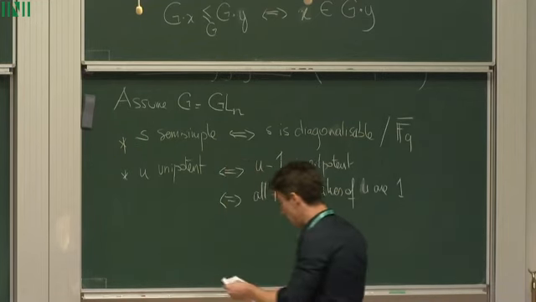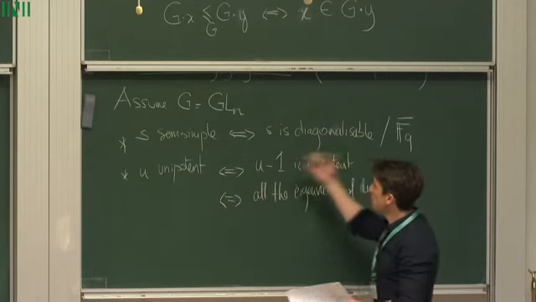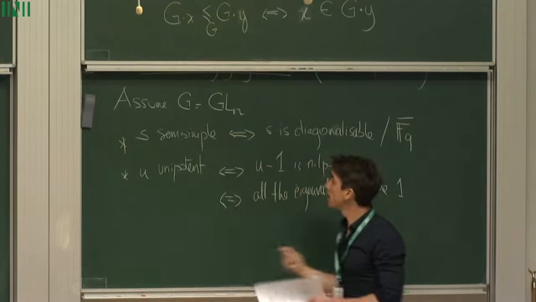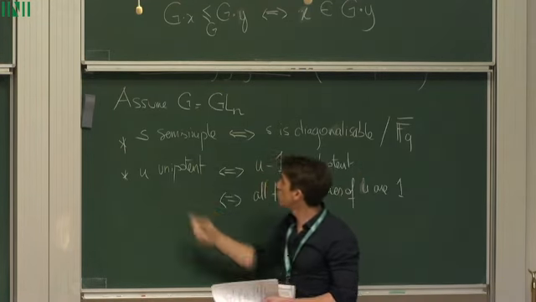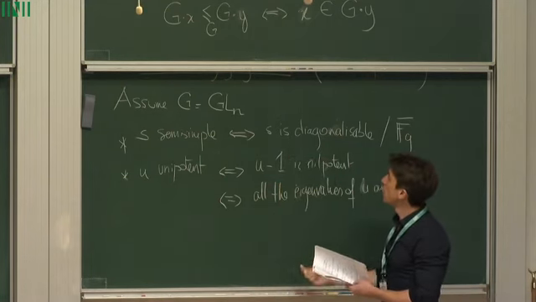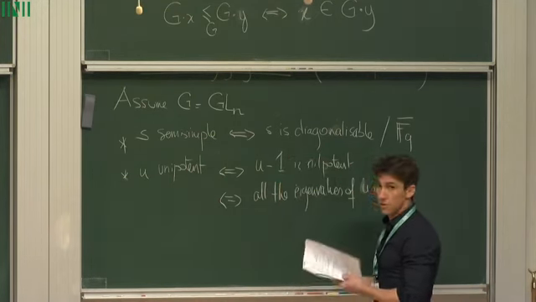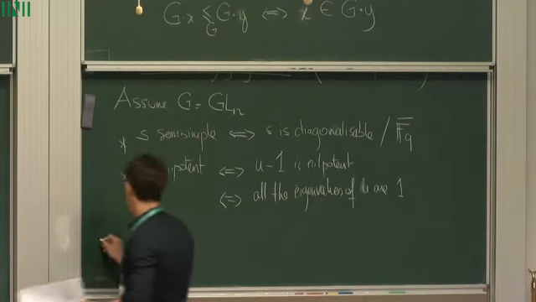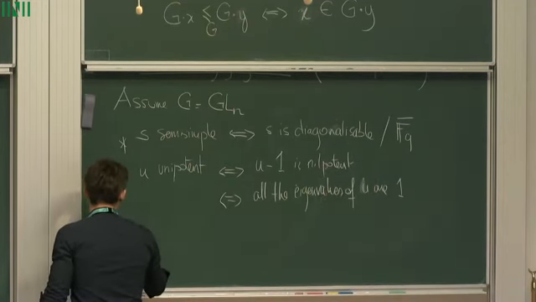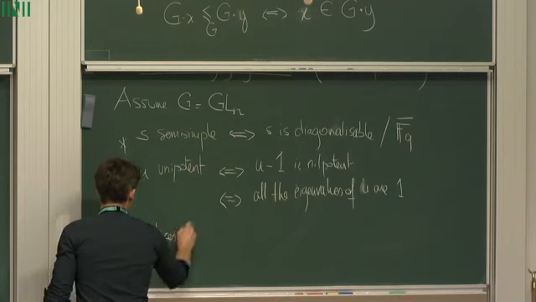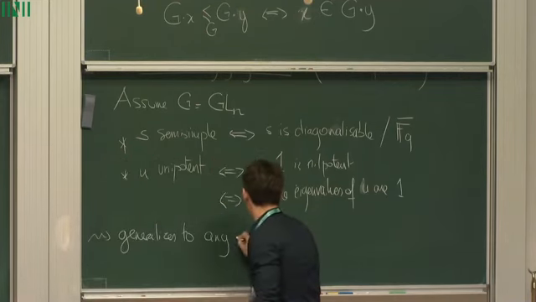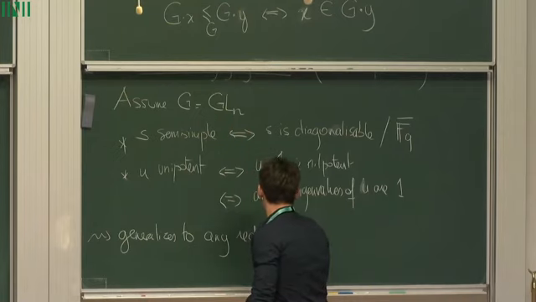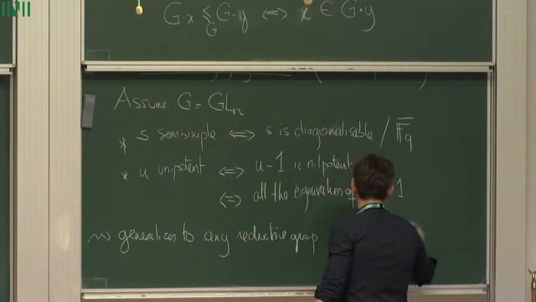So that's for GL_n. But if I start with any connected reductive group, I can embed it into GL_n, and I can define semisimple and unipotent using the image in GL_n. And the fact is that it does not depend on the embedding. So this generalizes to any linear group, any reductive group G, which you embed in some GL_n.